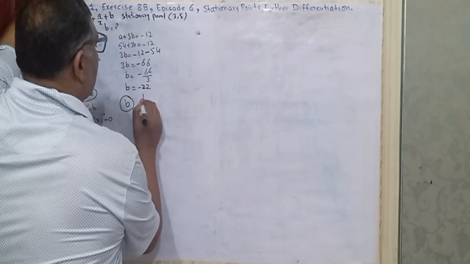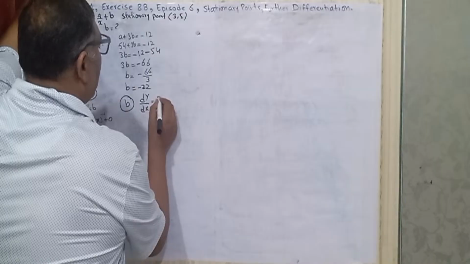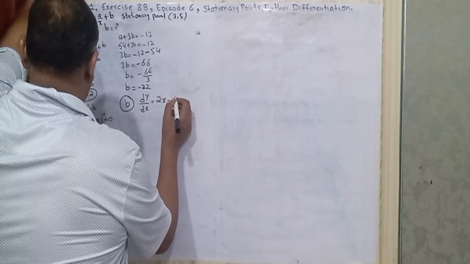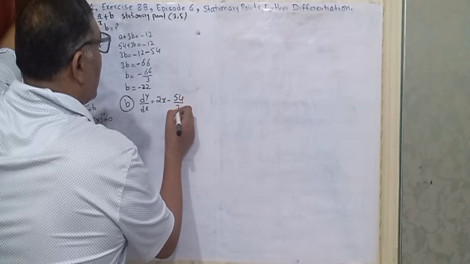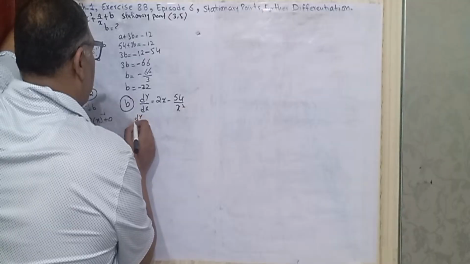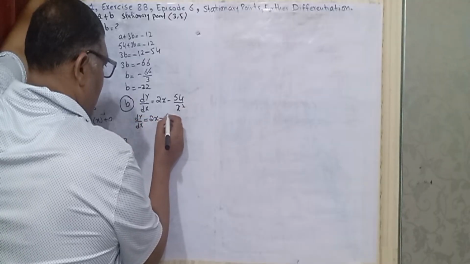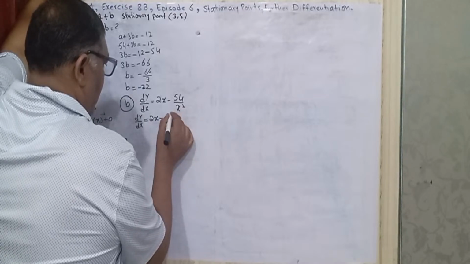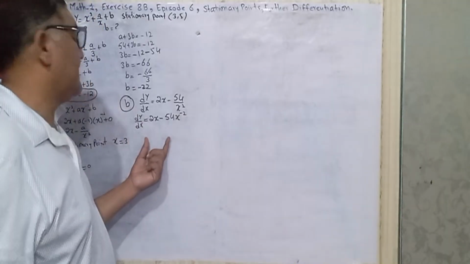For that, I need the second derivative. dy by dx is equal to 2x minus, the value of a is 54, divided by x squared. So dy by dx equals 2x minus 54 x raised to minus 2. This is my first derivative.